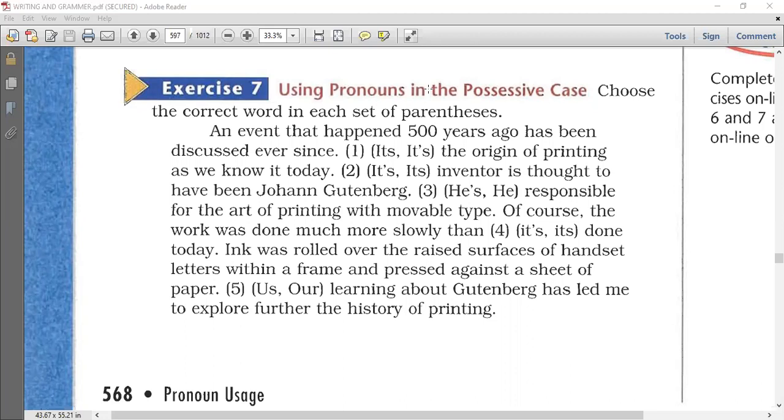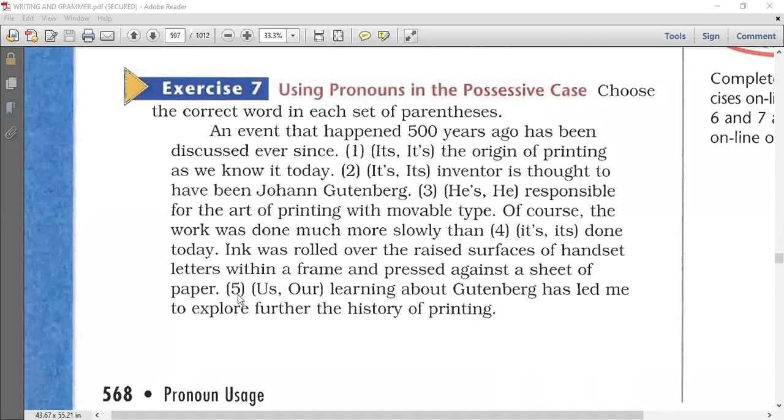Okay. Yusuf Awad, can you hear me? Yes. Do number 4. The first one. It is done. It's done today. Thank you. Ink was rolled over the raised surfaces of handset letters within a frame and pressed against a sheet of paper.